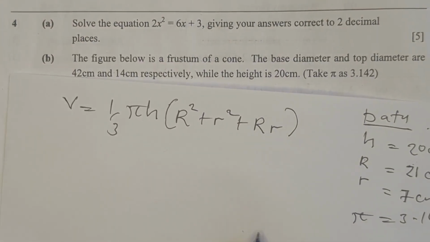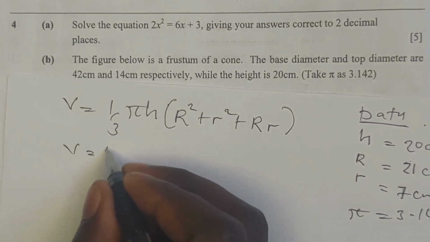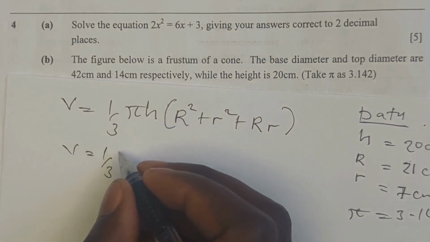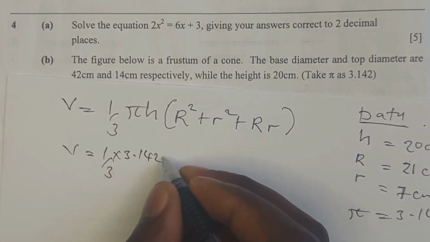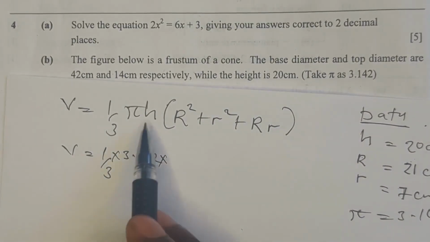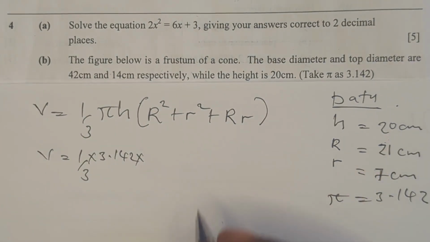Now that we have this data, we can substitute in the formula. V is equal to 1 over 3, the pi, that is multiplied by 3.142, multiplied by h, the height, which is 20.